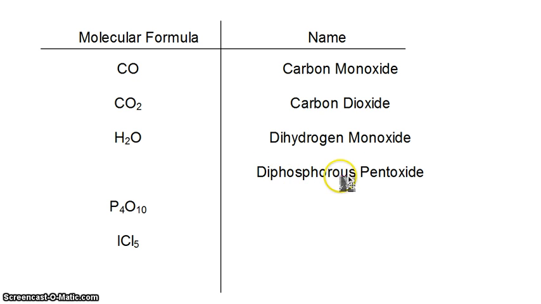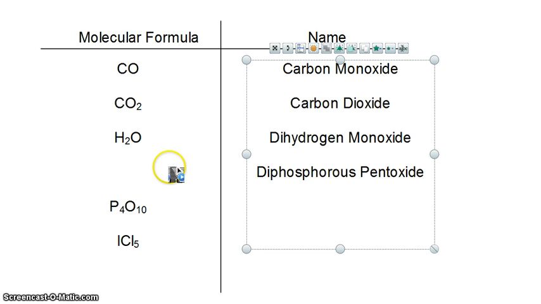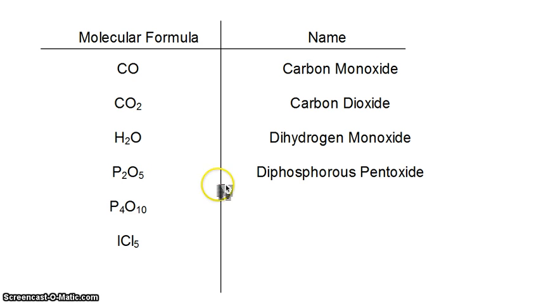If we look at diphosphorus pentoxide and break that apart: diphosphorus, so P2, pentoxide, O5. So P2O5 would be diphosphorus pentoxide. If I have four phosphoruses and 10 oxygens, it's tetra for 4. Think of Tetris.